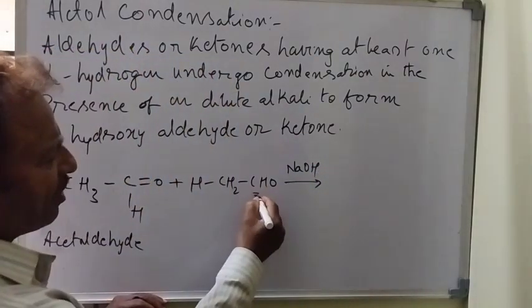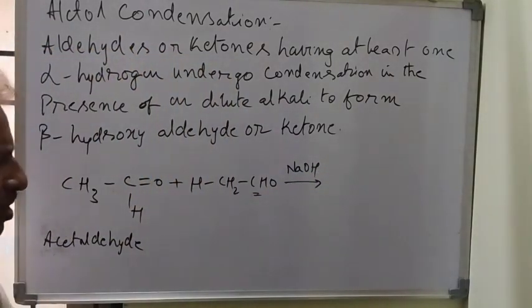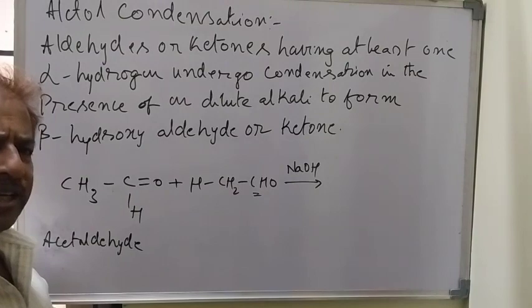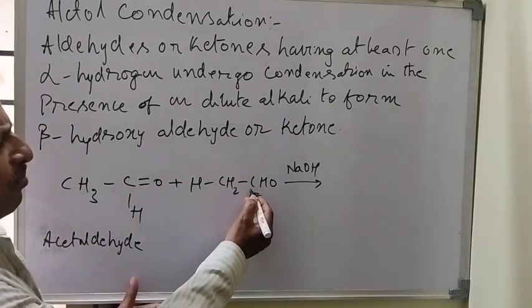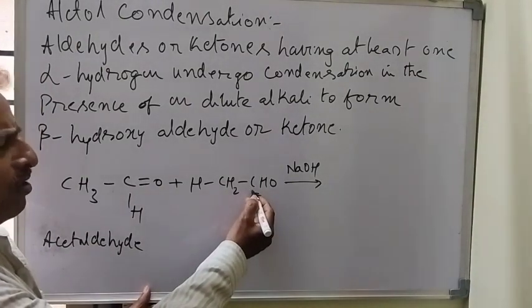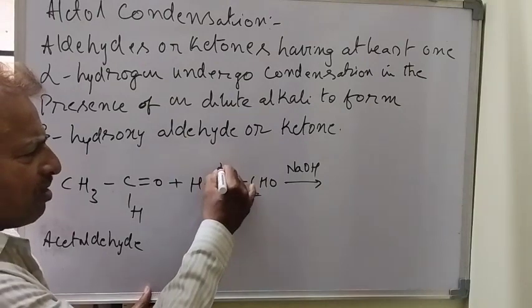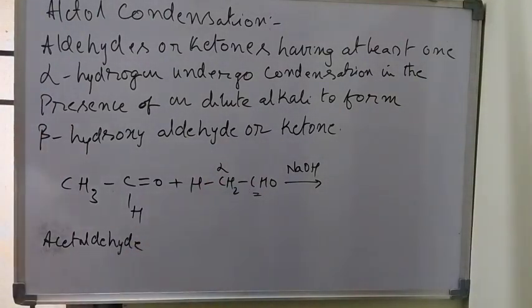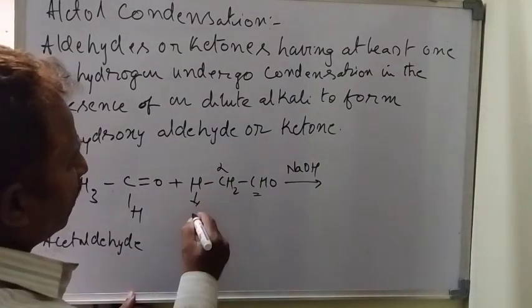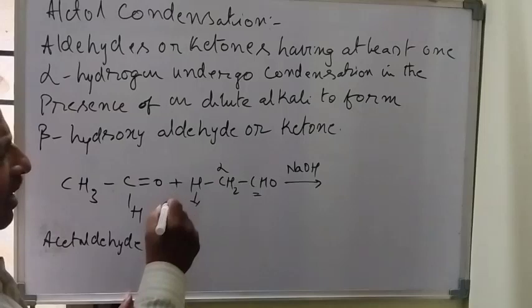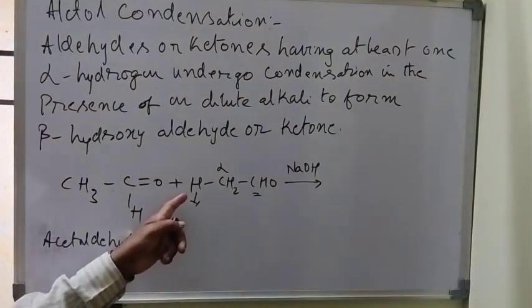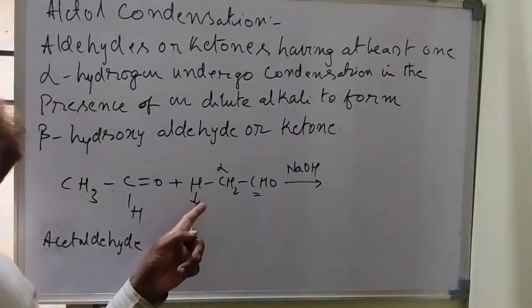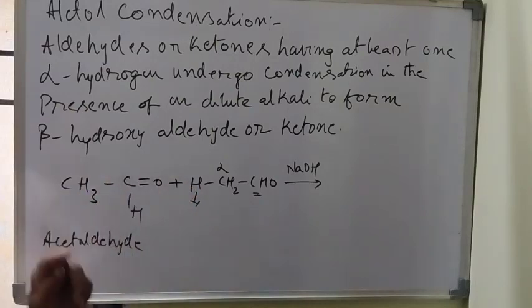See, this is a functional group. The functional group here is CHO, aldehyde, and this is the functional carbon. The carbon which is adjacent to the functional carbon is known as alpha carbon. Hydrogens present on alpha carbon are called alpha hydrogens. So this is alpha hydrogen, right? So aldehydes or ketones having at least one alpha hydrogen. Since alpha hydrogen is there, this reaction can be carried out.